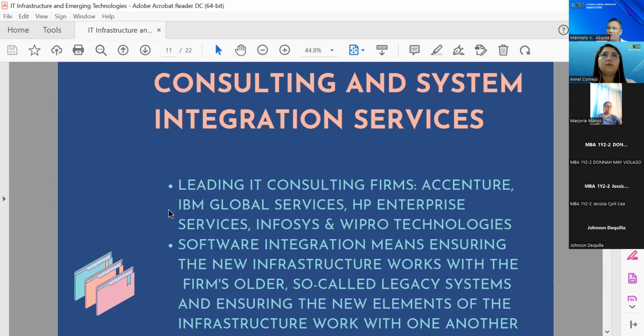So, minsan when we change systems, platforms, or hardwares, kailangan may nako-consult para malaman kung compatible ba sila, and even yung sa pag-educate and pag-upgrade ng ating mga manpower. So we have leading IT consulting firms like Accenture, IBM Global Services, HP Enterprise Services, Infosys, and Wipro Technologies.